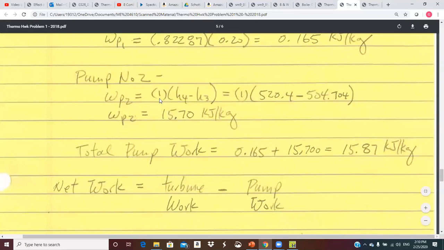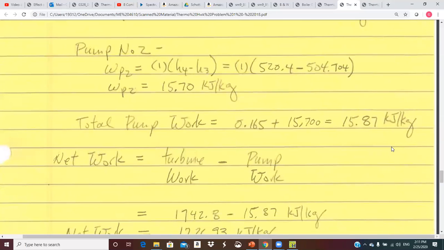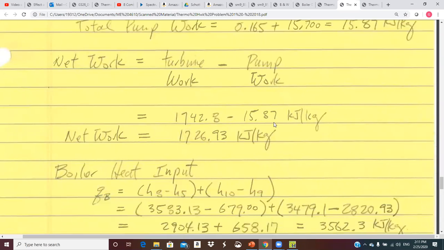Pump number 2, all the mass is back together, so we get the full enthalpy difference, and that was 15.7. So you add those two together, you get 15.87 kilojoules per kilogram.